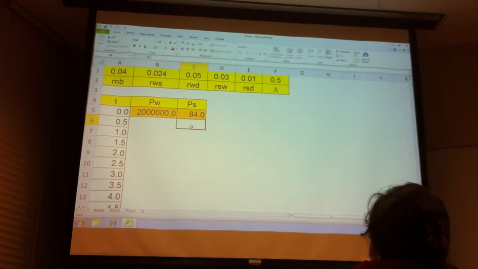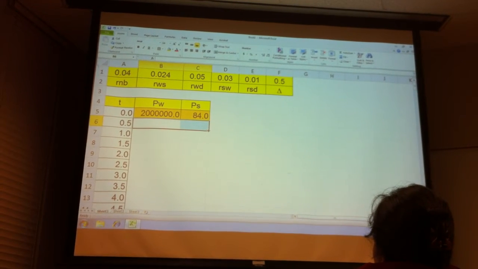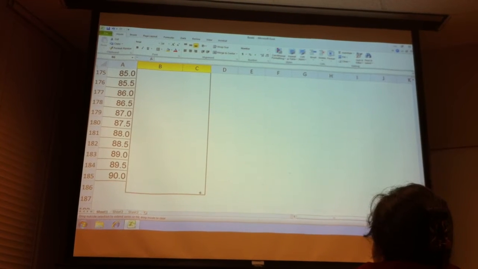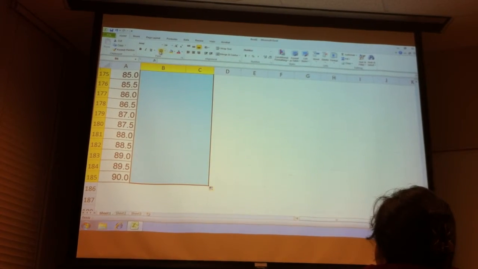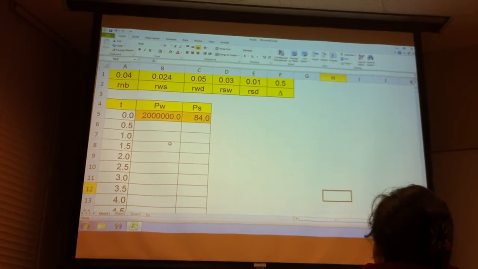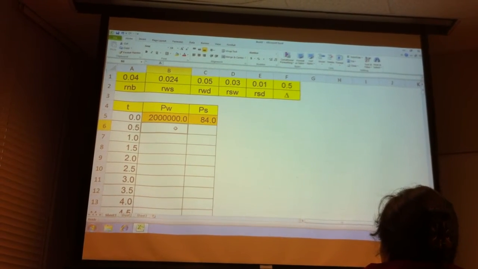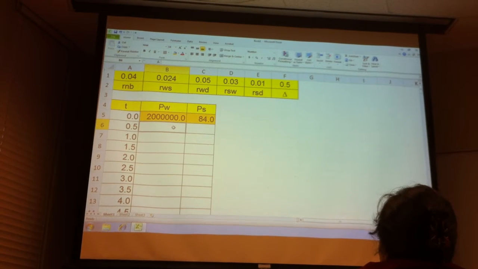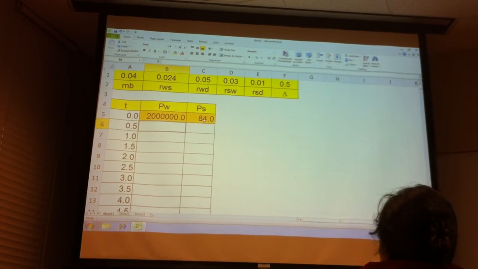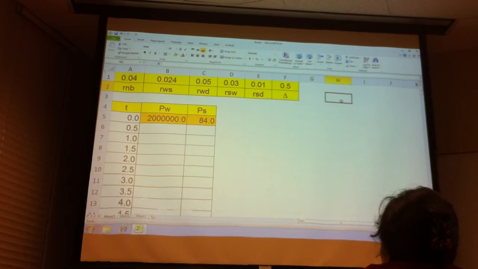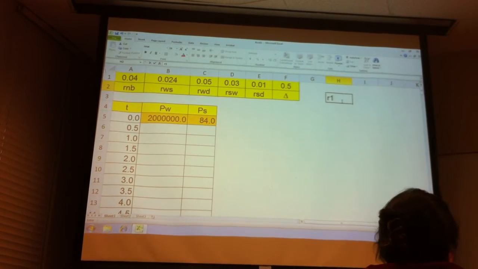I want all of this too. Okay, that's just so you can see the shape. What do I put here? I can define over here R1.